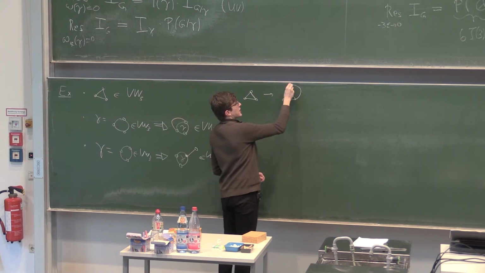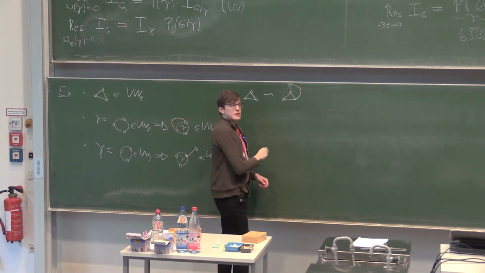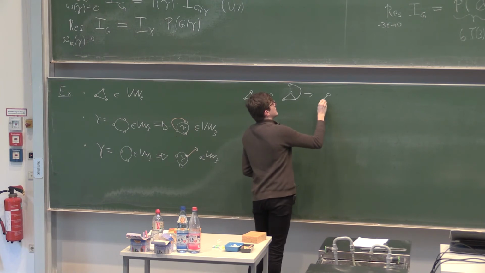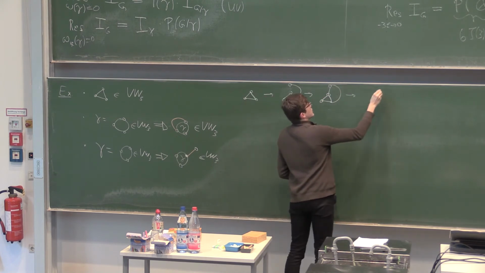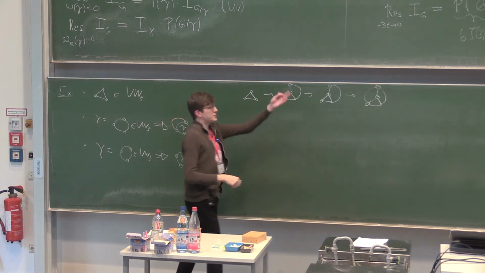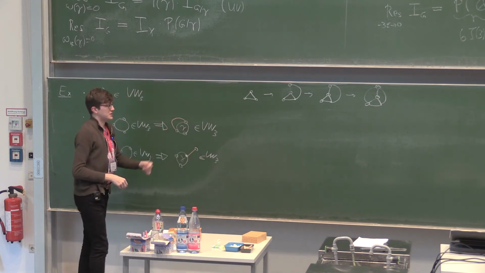And now you can just add the remaining two edges, right? Then you add one more edge. And then you're there. So this wheel graph with 3 spokes, as it's also called, is in this class.